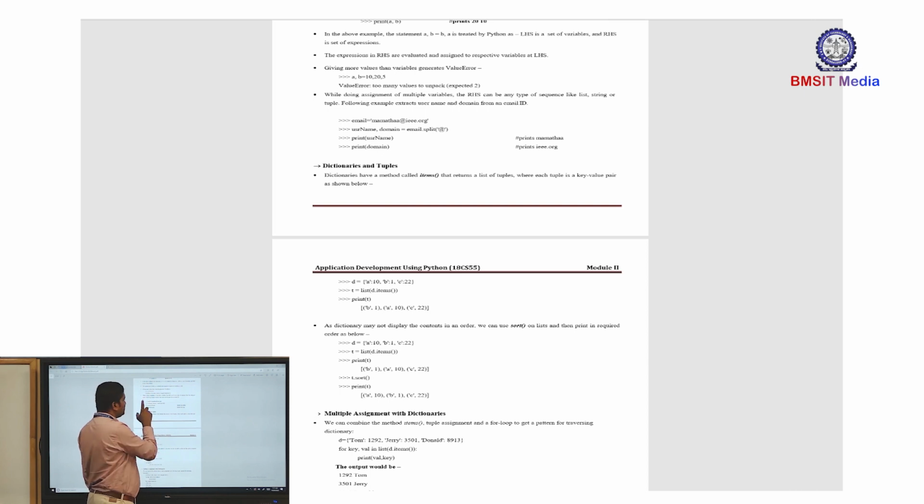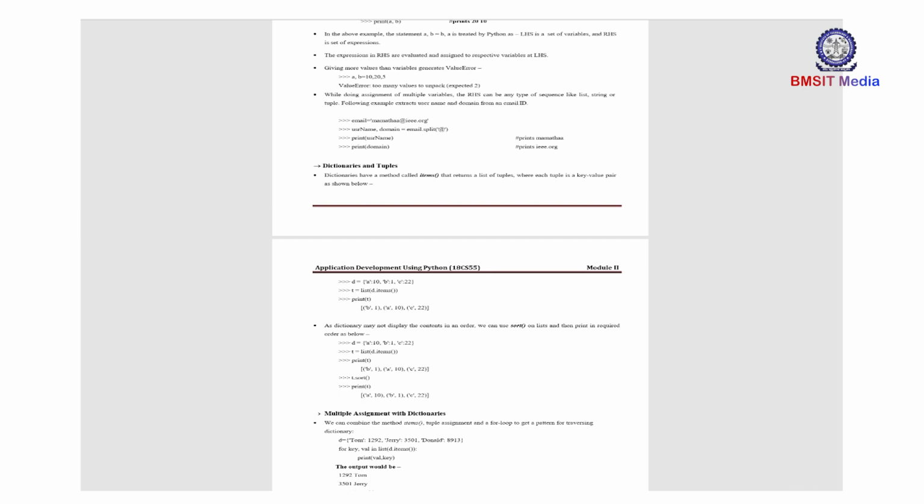Email is a string, and on that I am using the split function. I am splitting based on the @ symbol. So whatever is before that will be the username, and whatever is after that will be taken as the domain. So username and domain will be used to extract the name and domain from the email ID. So I can do it like this also.